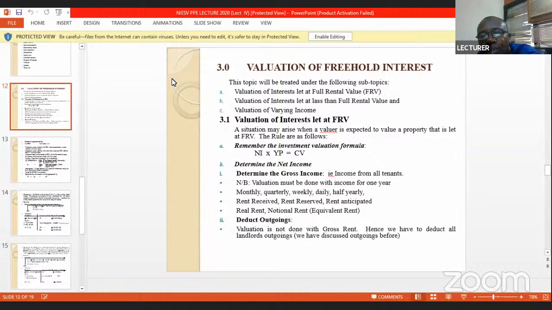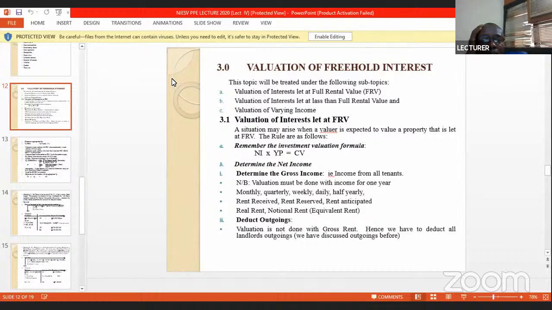Valuations are not done with gross income. They are done with net income. That is one. Valuation has to be done with net income. Number two, it is important that you remember that the net income we are talking about is income for 1 year.